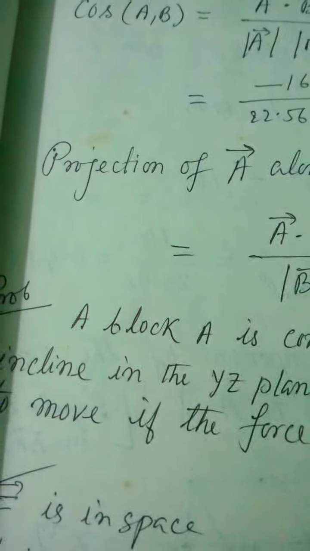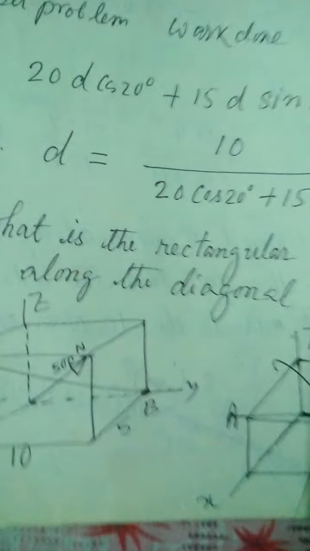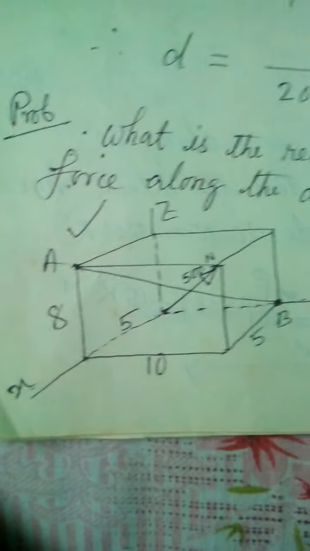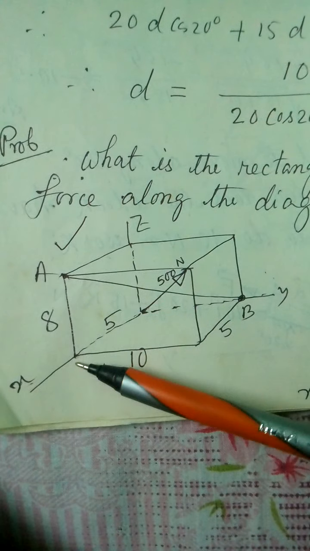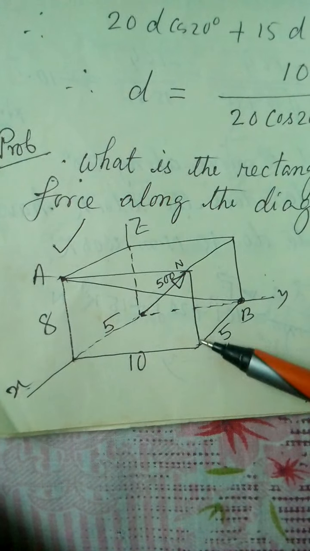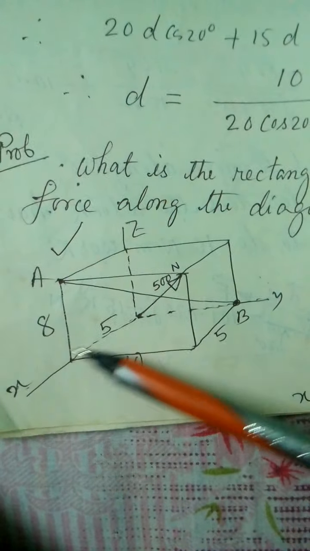Another thing. One minute, please wait. I will give you this problem, a very good problem. Now you see, this is a rectangular pipe. This height is given, and this is given, this is given, this is given.